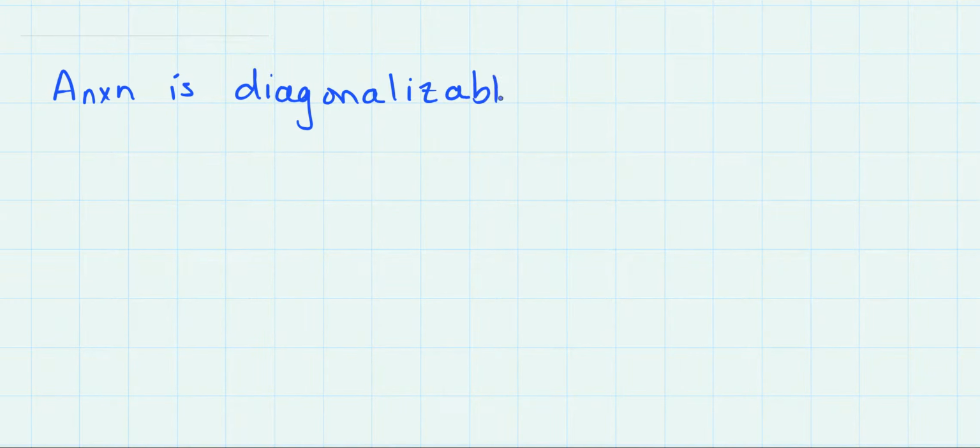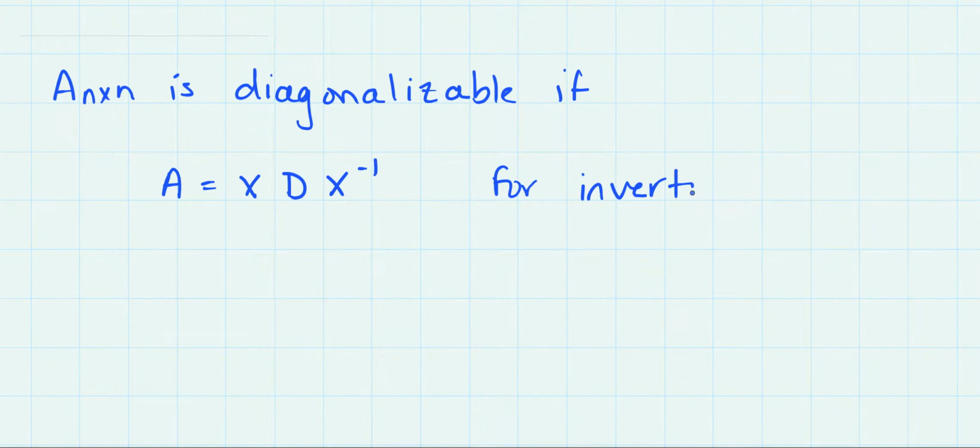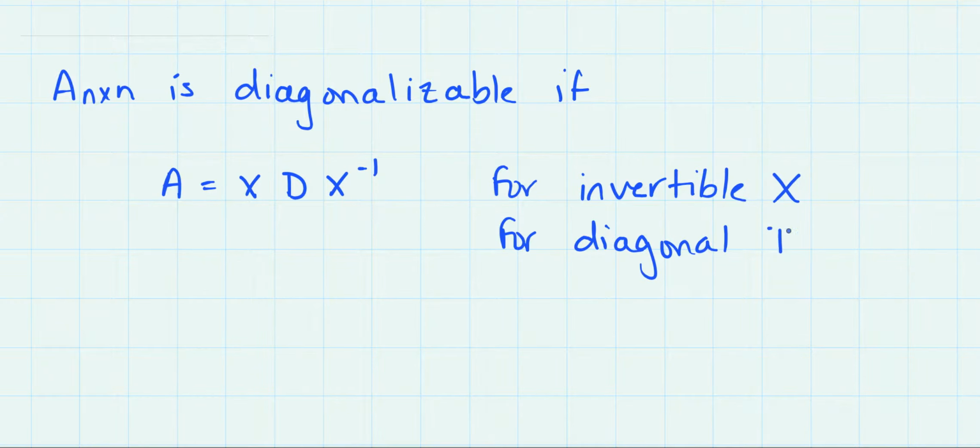We know a matrix A that's n by n is diagonalizable if you can write the matrix A in this form, for some invertible matrix X and some diagonal matrix D. Now, if you can't put A in this type of form, it's not diagonalizable.